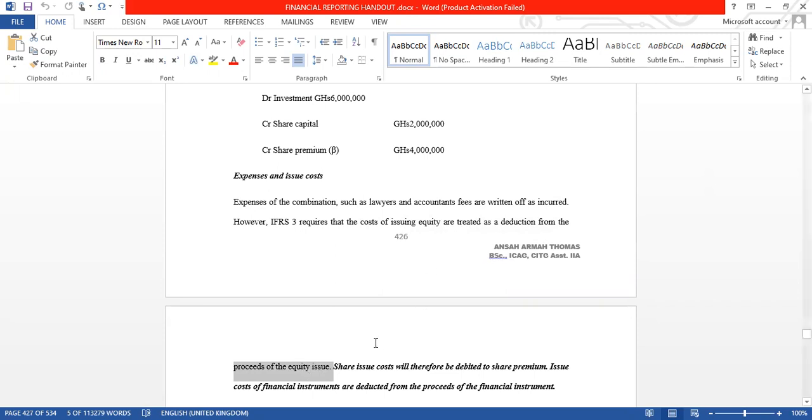So share issue costs would therefore be debited to the share premium. Note that in case there is any. If there is any issue cost in the question, then you will deduct it from the share premium. Please note that. Issue costs of financial instruments are deducted from the proceeds of the financial instrument. So please deduct it.